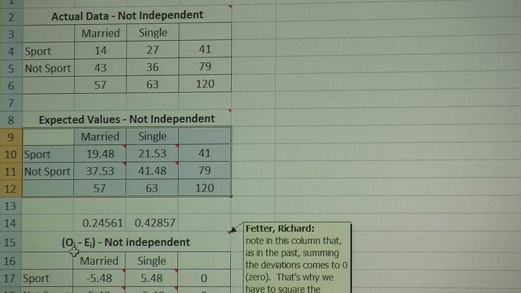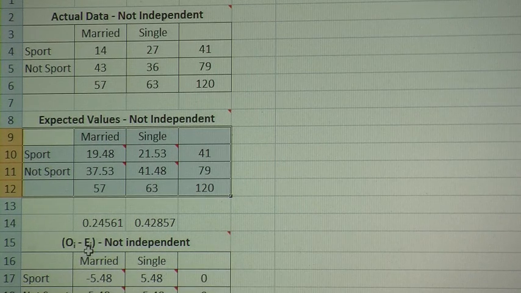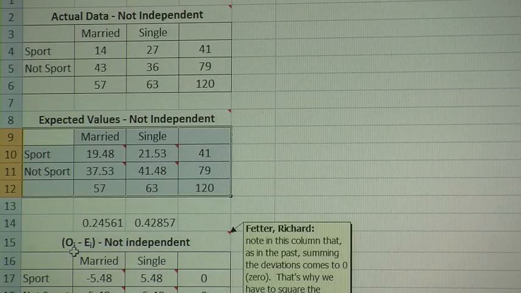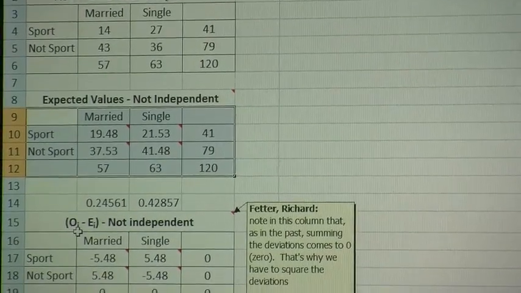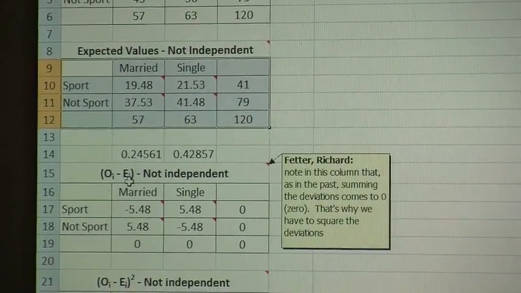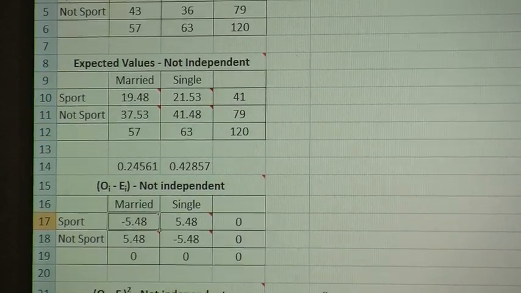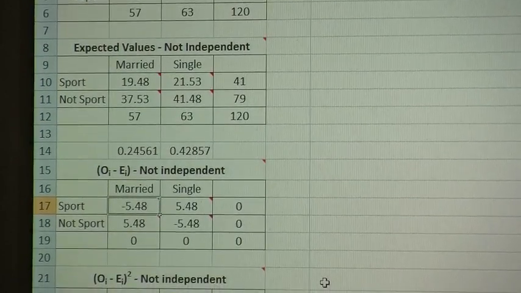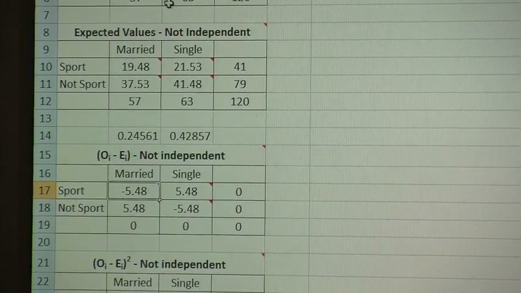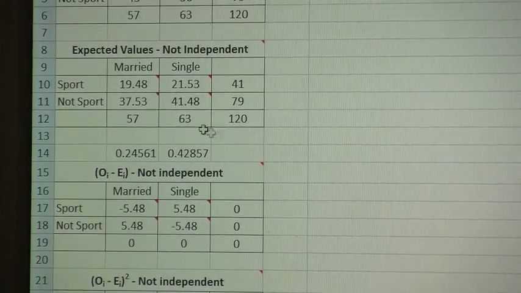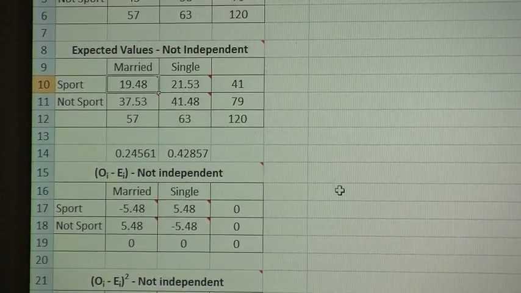Then you see this O sub i minus E sub i. This is the observed value for a particular cell minus the expected value for a particular cell. So let's take cell 1,1 where we get minus 5.48. Okay, so O sub i is 14, E sub i is 19.48.